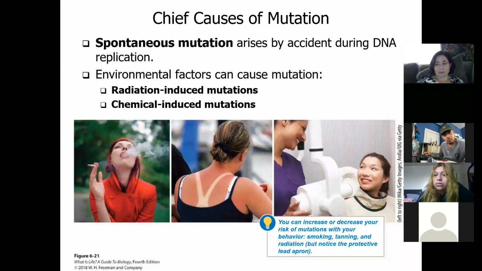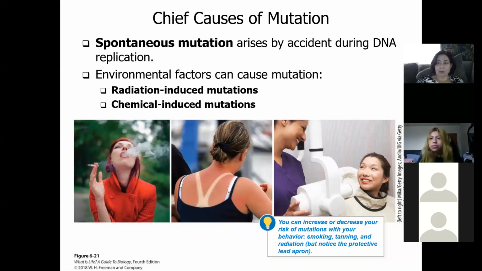Chemicals or animals? Oh. Smoking can cause mutation, as we see in the picture. Consumption of radiation can cause mutation. Consumption of bad foods. Well, everything around us is technically radiation.